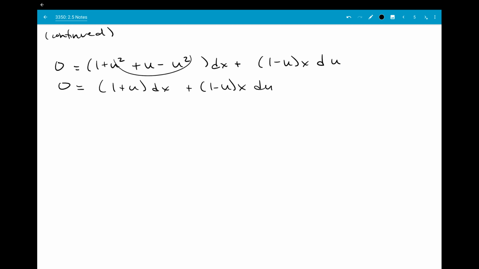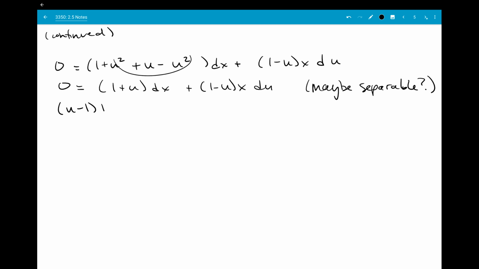And at this point, I'm just thinking about how I might possibly solve this. So my substitution is complete. And at this point, I have a new differential equation. Just ignore where it came from before. And I'm thinking maybe I can solve this as a separable equation.